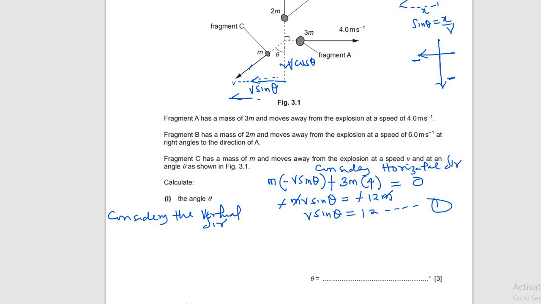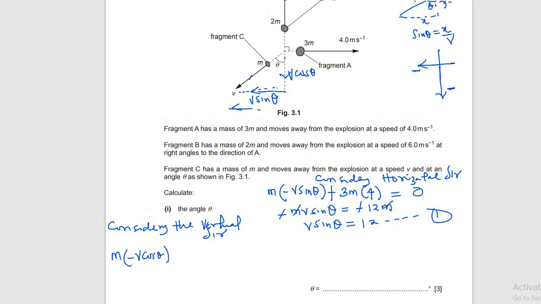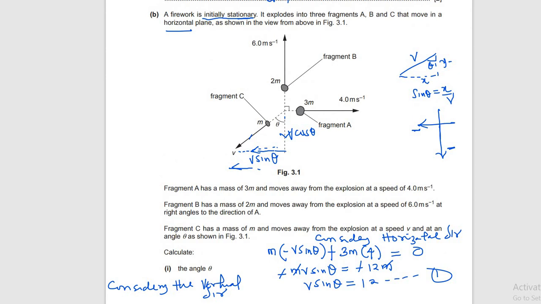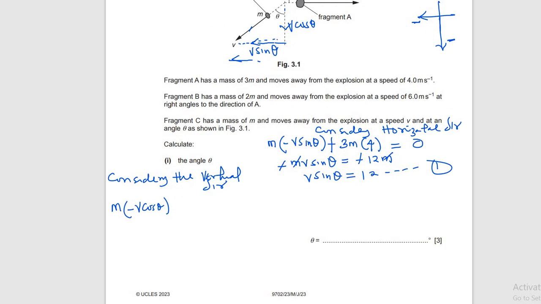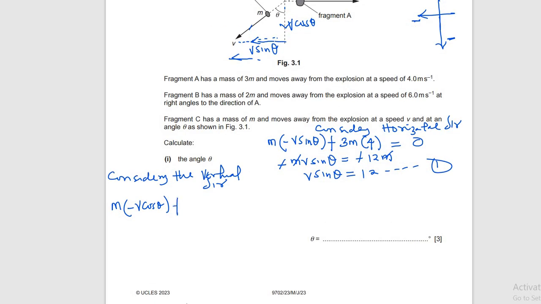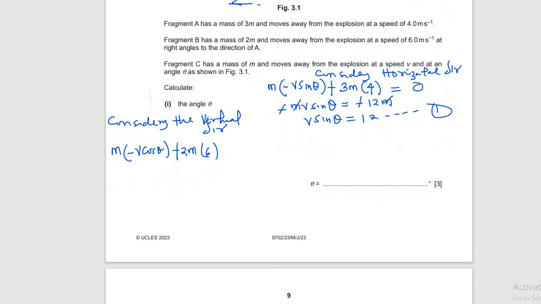The mass is still m. Mass times velocity. The velocity is minus v cos theta because it's downward. There's also a vertical direction for fragment B. It's going up. That's positive. 2m times 6, plus 2m times 6. I don't think there's any other vertical direction anymore, equal to 0 because the momentum before collision is stationary, 0.